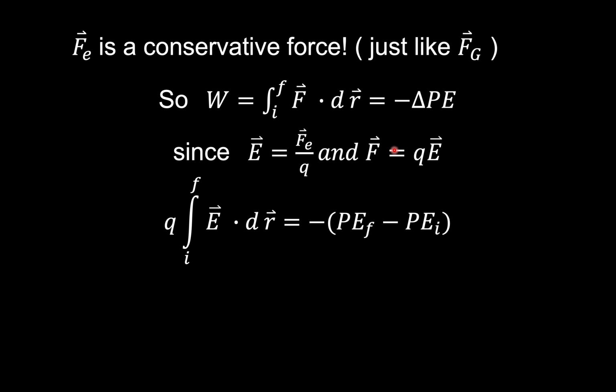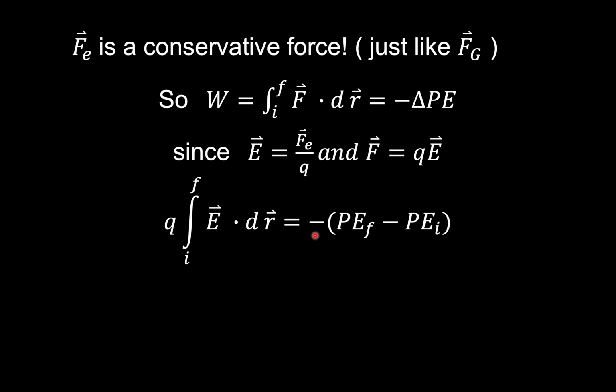You can add that subscript in if you feel that's helpful for you. So now I'm going to go ahead and substitute into our work integral here. I'm going to substitute this in place of force. And since Q, that charge, is constant, we can move it outside the integral. So that integral for work looks like this.